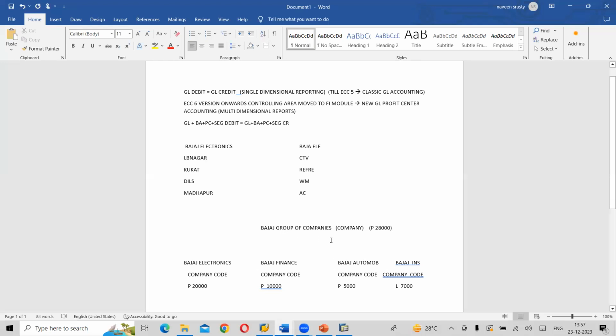Bajaj Group of companies is running in profit or loss? Profit. Profit of how much? 28,000. So how did you get this 28,000? Consolidated. So why is a company used?